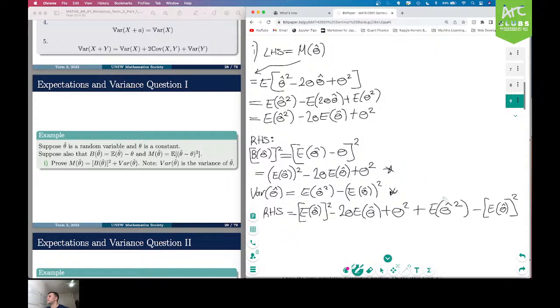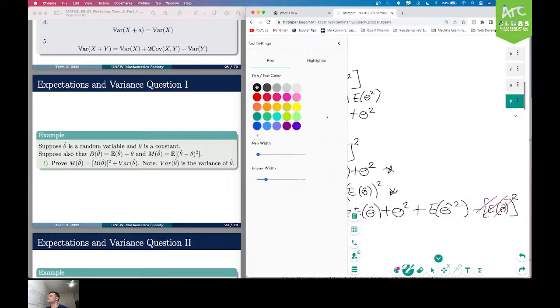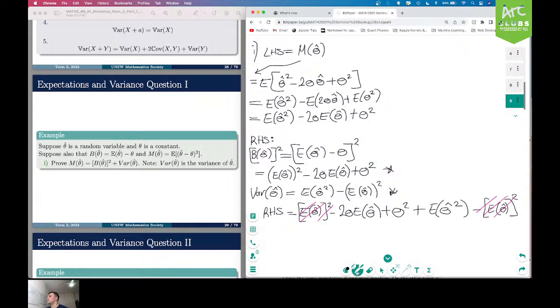So what we notice here is that the square of the expectations cancel out, and so what we get is the left-hand side. So that's going to be E of theta hat squared minus 2 theta E of theta hat plus theta squared, which, if you look up, you'll see that it all matches.